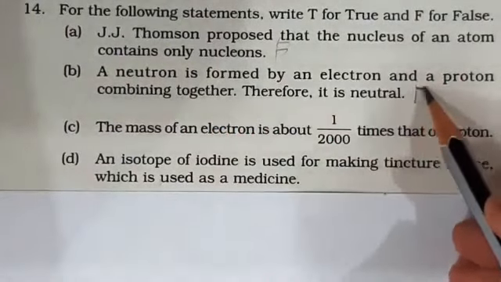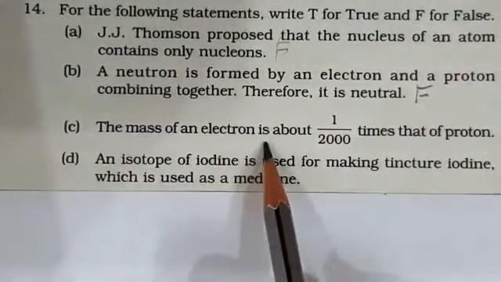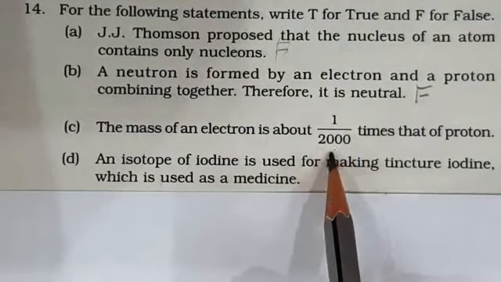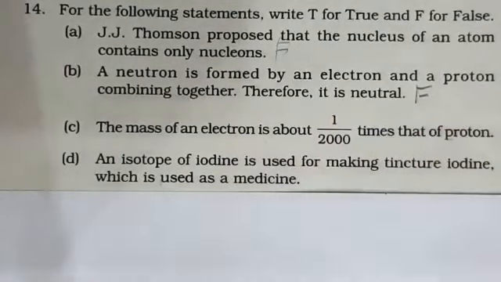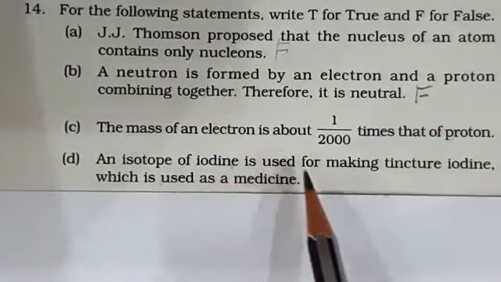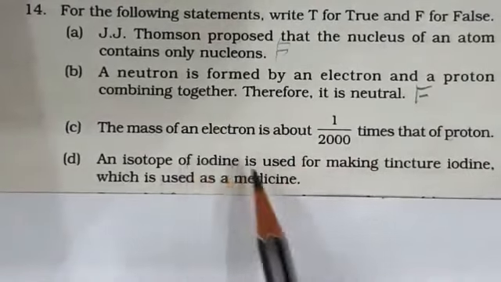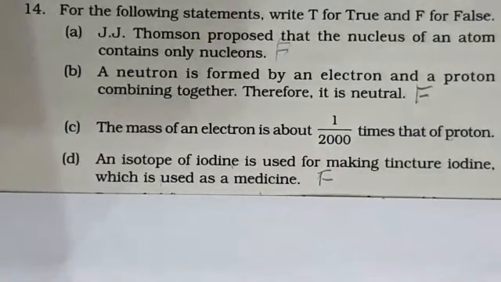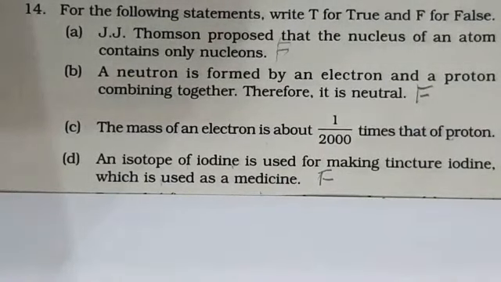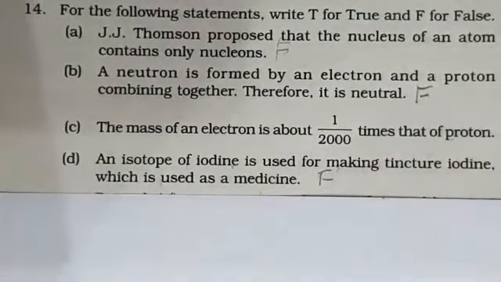The statement is also false. The mass of an electron is about 1 by 2000 times that of a proton. Yes, the statement is true. Isotope of iodine is used in making tincture of iodine, which is used as medicine. This statement is false. So the answer is false, false, true, false.